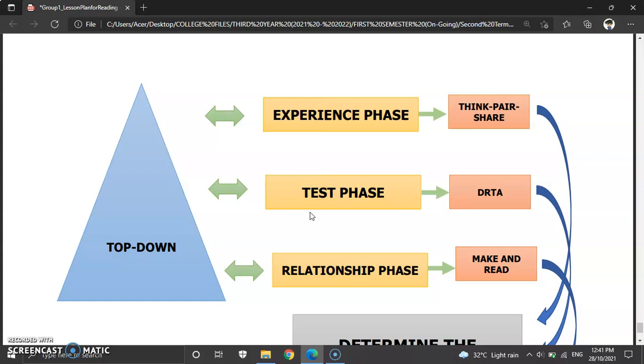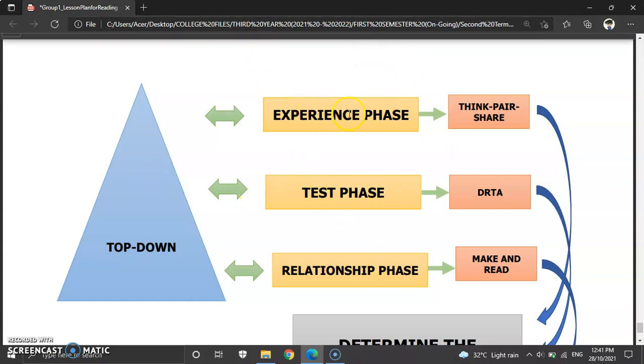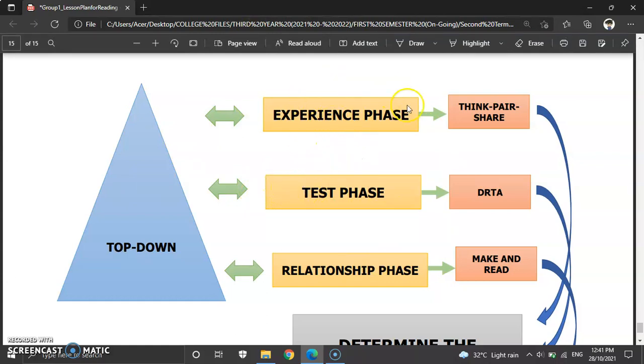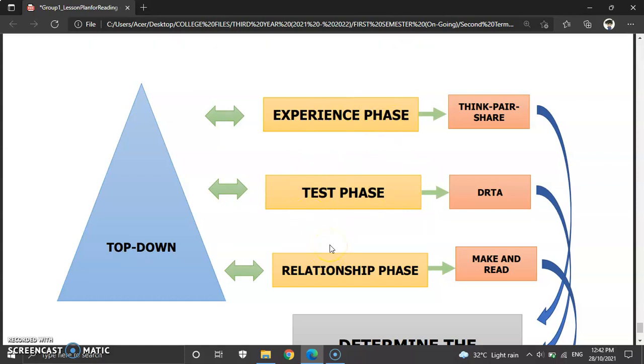It will be realized through the methods we will use. We adapt the ETR method: experience phase, test phase, and relationship phase. The experience phase is the pre-reading activity.